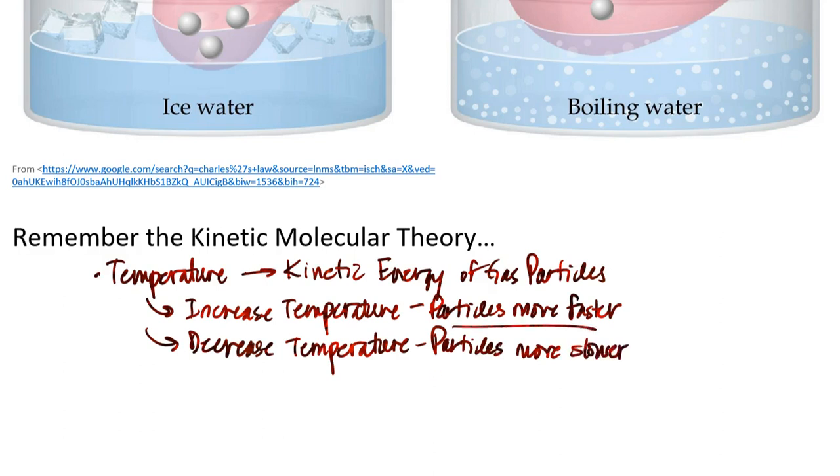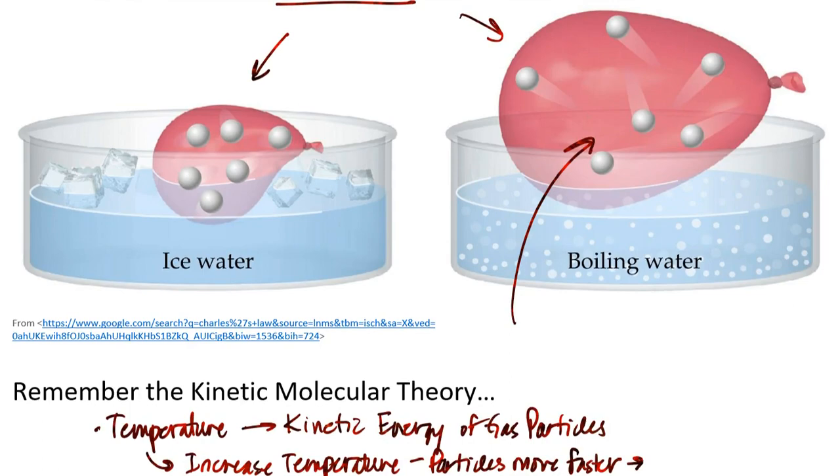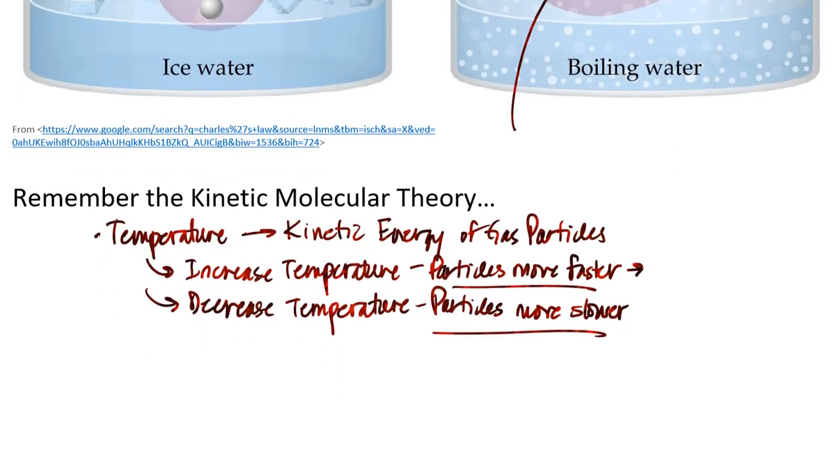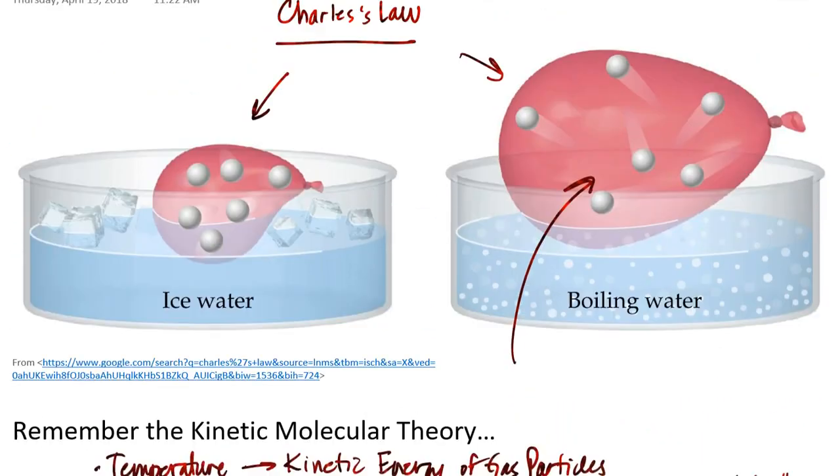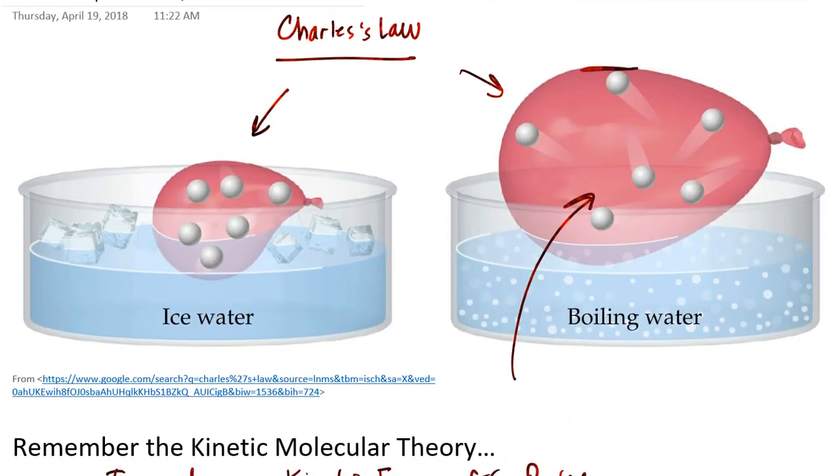Now, the reason we should concern ourselves with how quickly or how slowly these particles are moving is, if you recall, if I have faster motion, as in the picture here on the right, then it's more likely that I'm going to get more particle collisions. Not just between the particles, but also with the boundaries of the container that contain the particles.